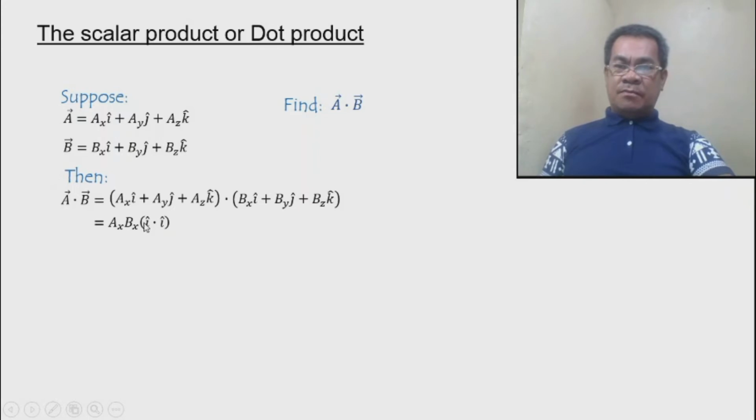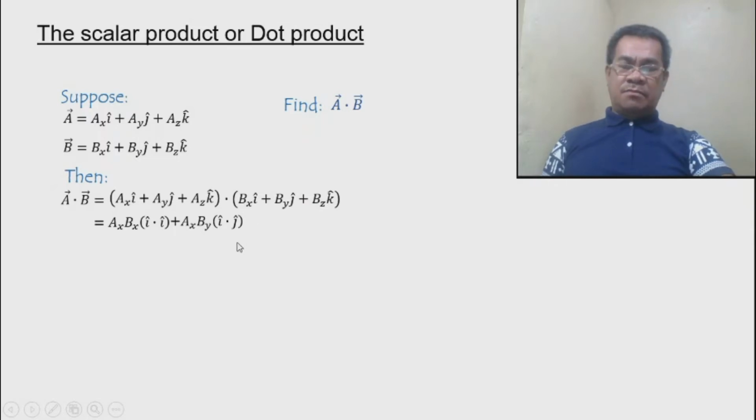Continue. Remember, in algebra you have to multiply each term of this to all terms of the other factor. So this one times this one. We have ax bx, i hat dot i hat, plus ax by, i hat dot j hat. You cannot reverse it, because this is i dot j, not j dot i.